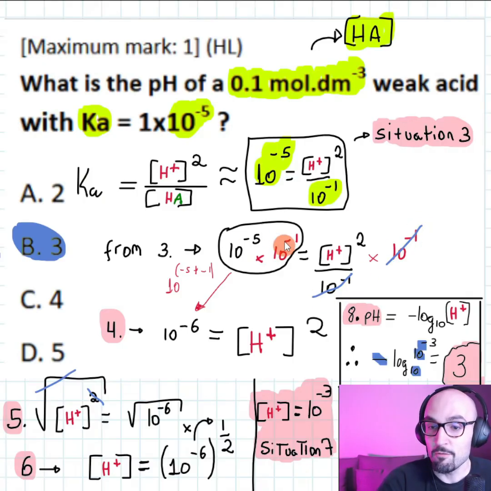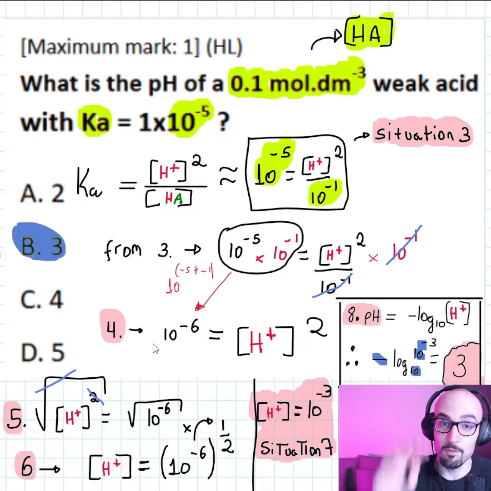Multiplying by 10 to the negative 1 on the left side, 10 to the negative 5 times 10 to the negative 1. According to the properties of exponents, we add the exponents. That gives us 10 to the negative 6 is equal to concentration of H plus squared. We got rid of the 10 to the power of negative 1. So that's situation number 4.